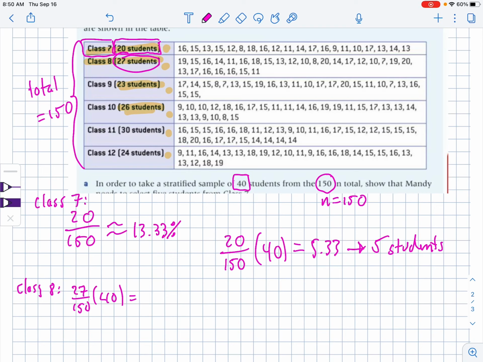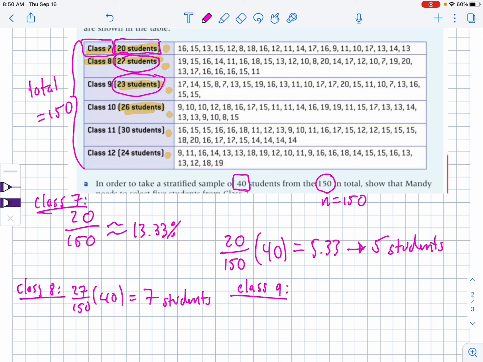So 27 out of 150 was 18%, and you multiply it and get 7.2. So we're going to round that down to 7 students. So this was class 7, this was class 8.